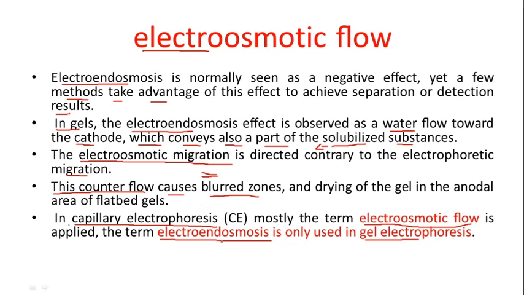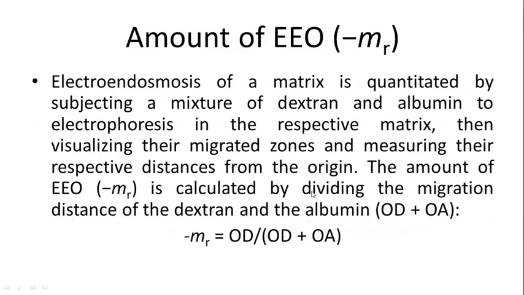Then now we find out the amount of EEO. How do we find out the electroendosmosis? It's called minus MR, relative electroendosmosis. If you measure the electroendosmosis of the gel or glass or electrophoretic apparatus, you can easily find out.